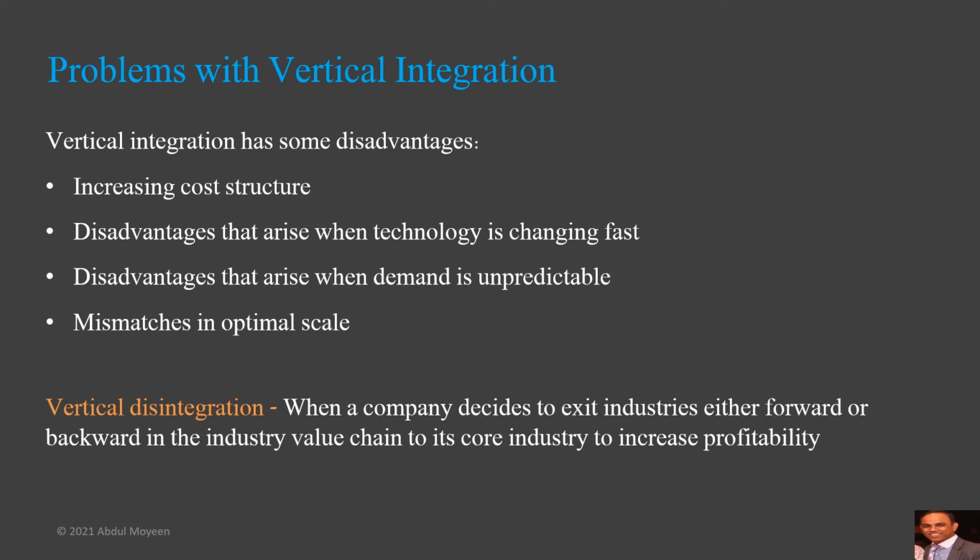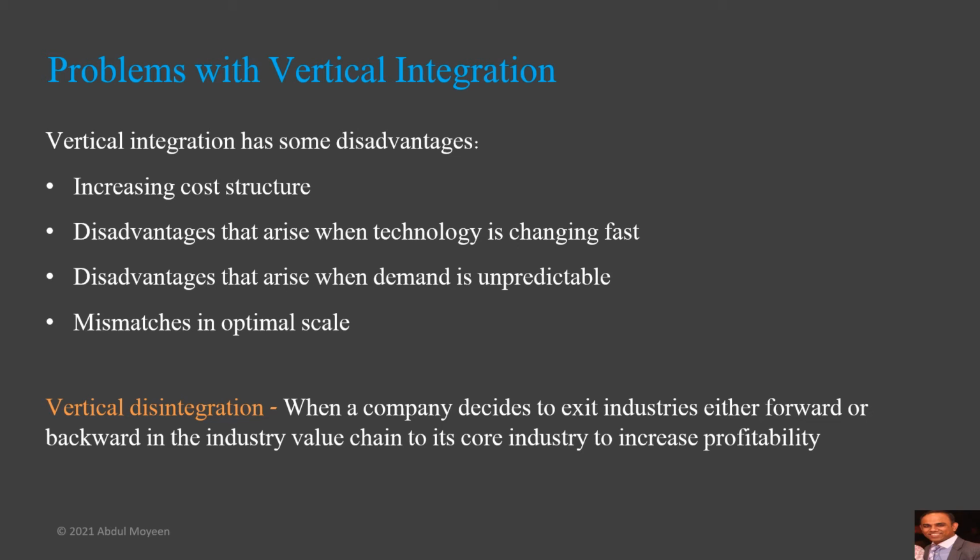So another disadvantage that arises in vertical integration is linked with the technological change. When technology is changing fast, vertical integration may lock a company into an old and inefficient technology and prevent it from changing to a new technology that would strengthen company's business model.